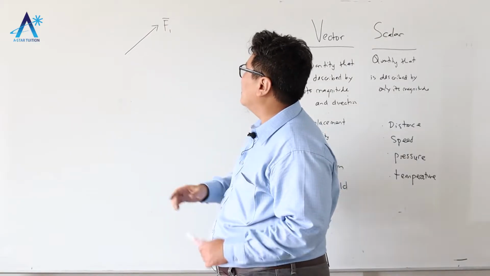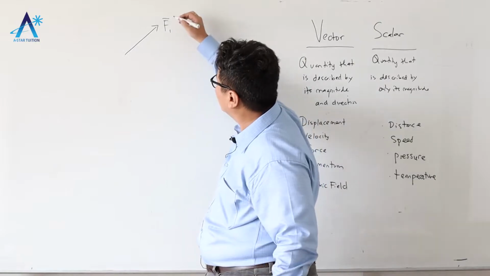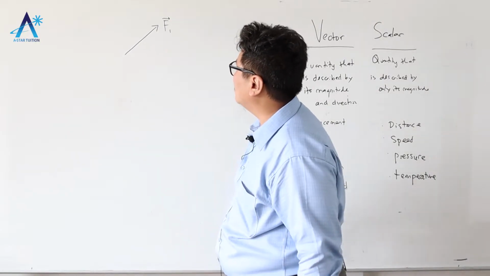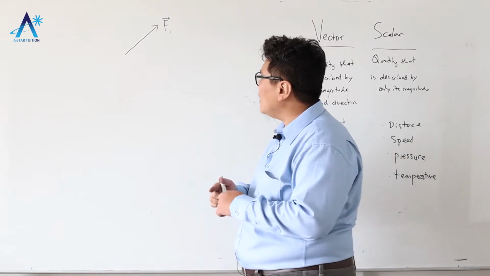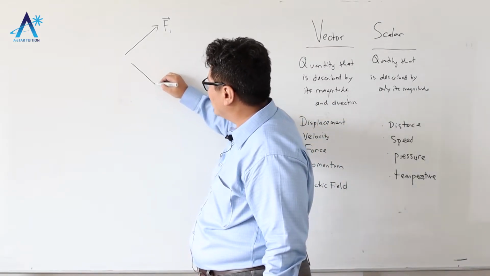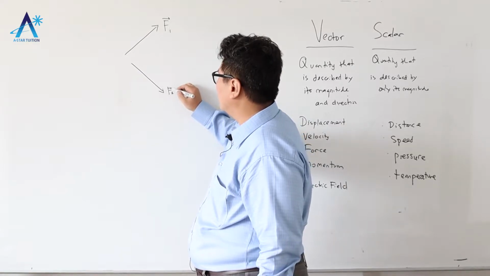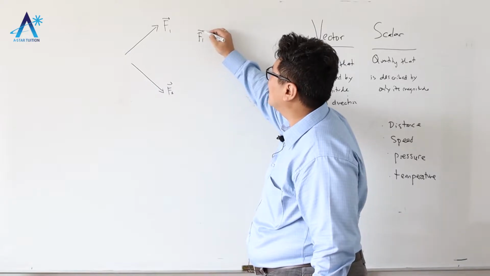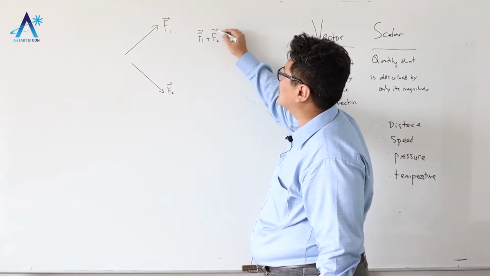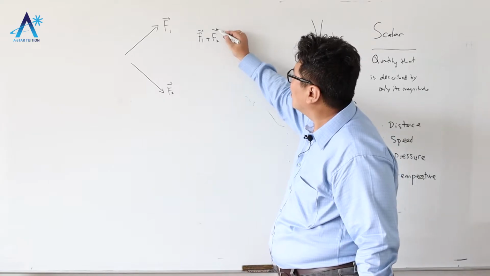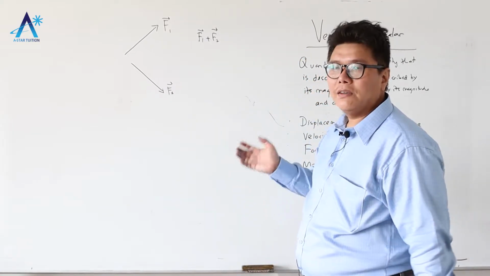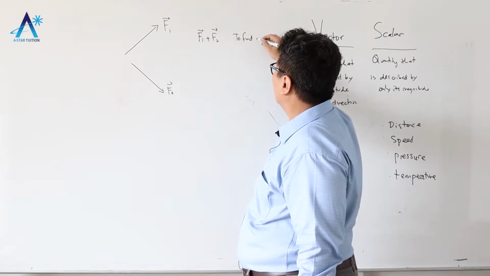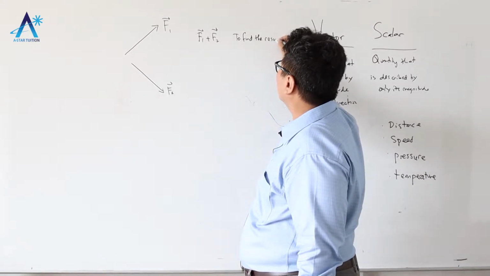Now you see that I use an arrowhead above the letter to describe a vector. So you have a vector F1, and then you also have another vector F2. Now, what is vector F1 plus F2? In this case, what you need to do to combine the vectors is to find the resultant vector.